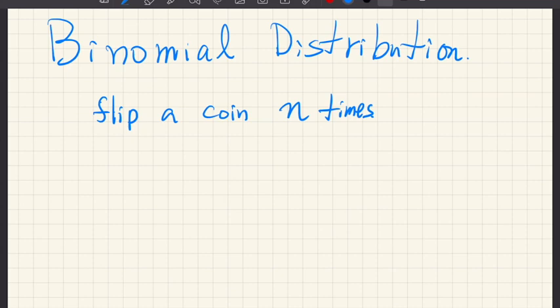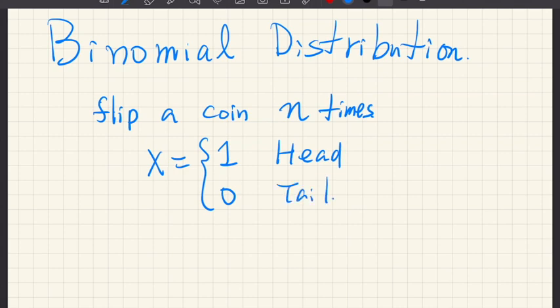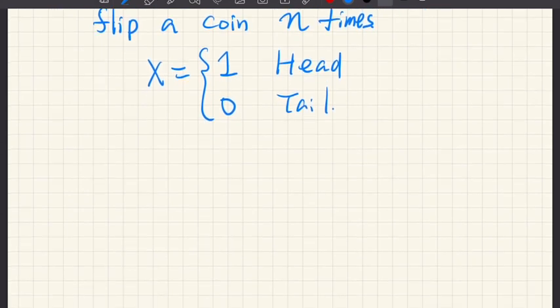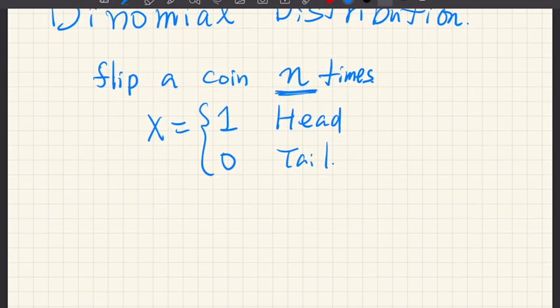So when we get head, the Bernoulli random variable has a value of 1, for example. And when we get a tail, the Bernoulli random variable has the value of 0. Then, out of n flips, how many times do we get heads?